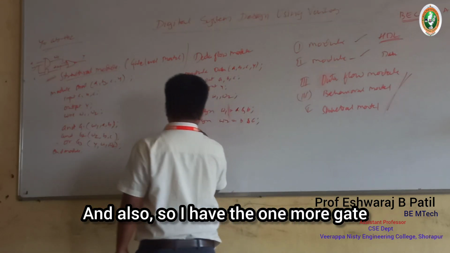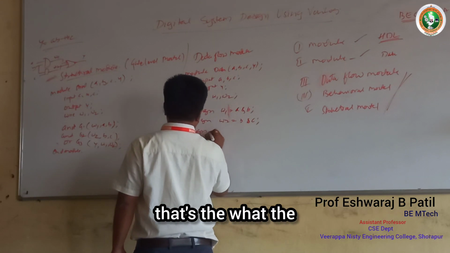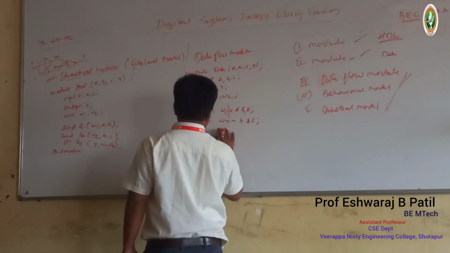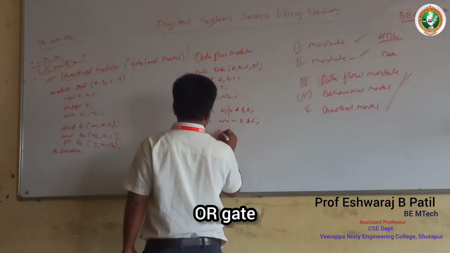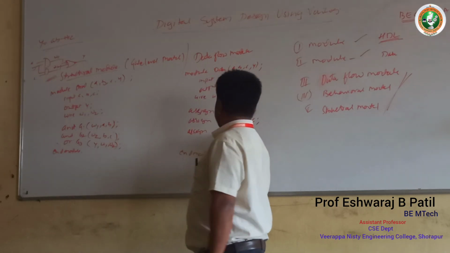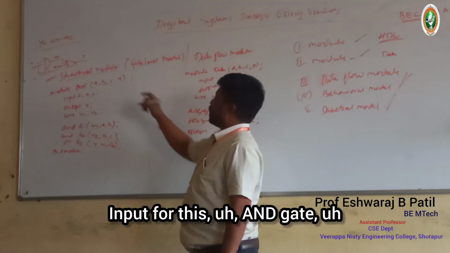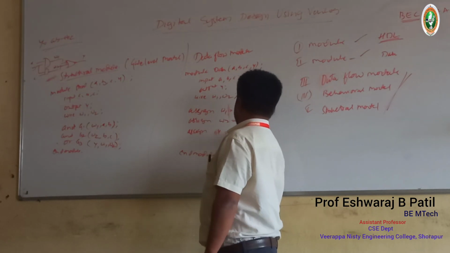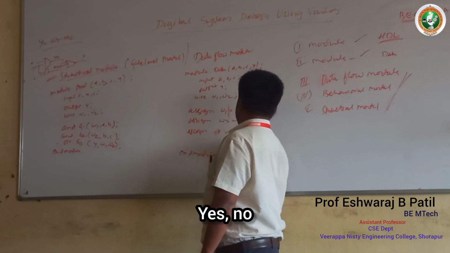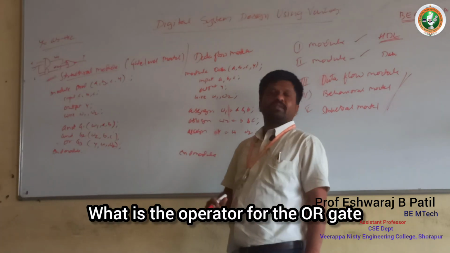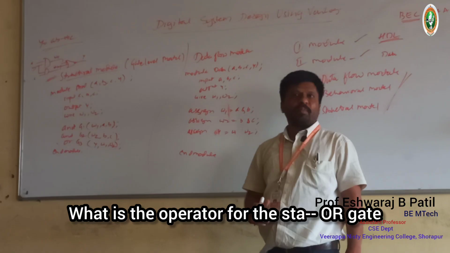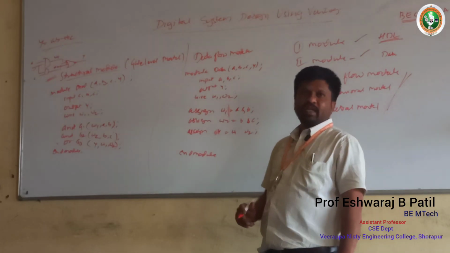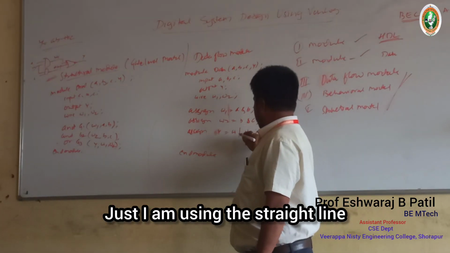And also, I have one more gate. What is that gate? The OR gate. The output is Y, and the inputs for this OR gate are W1, W2. What is the operator for the OR gate? Straight line, the vertical bar.